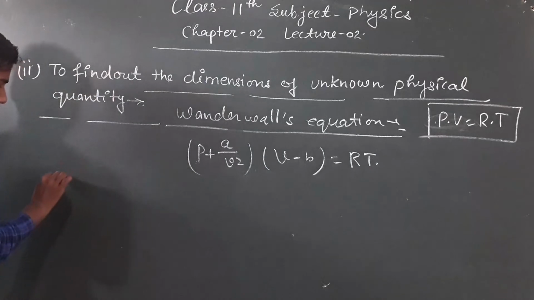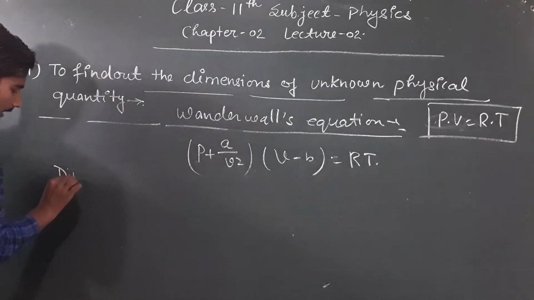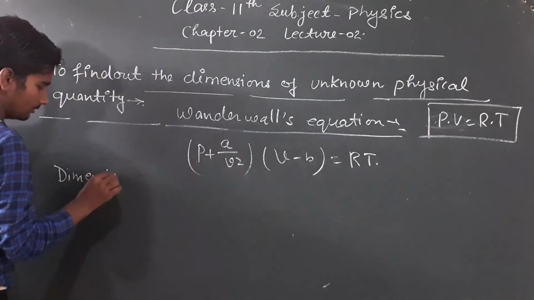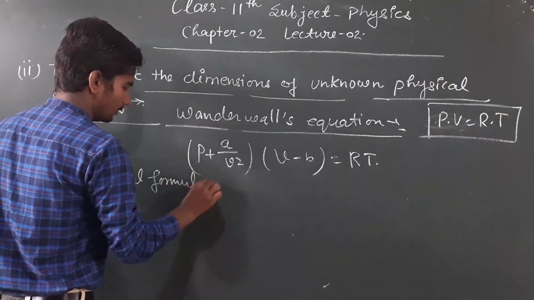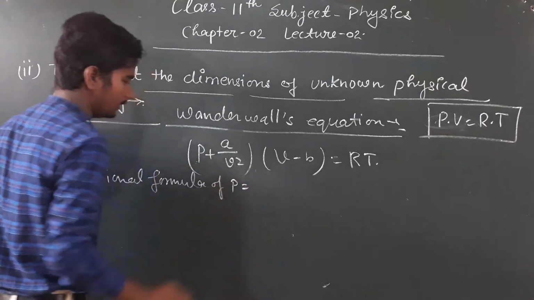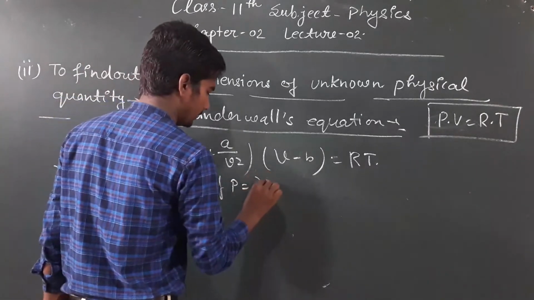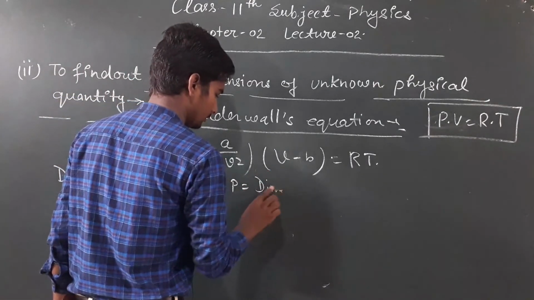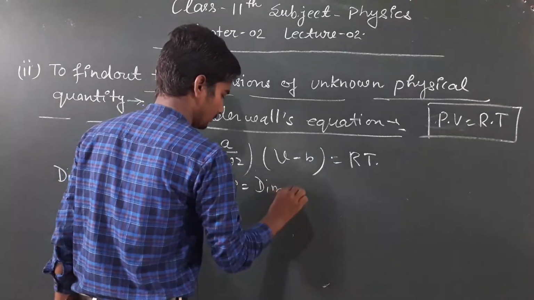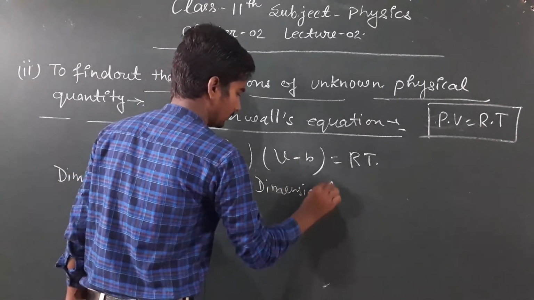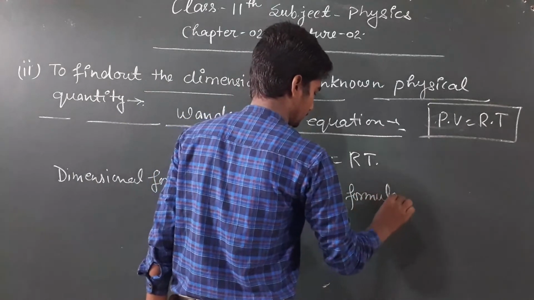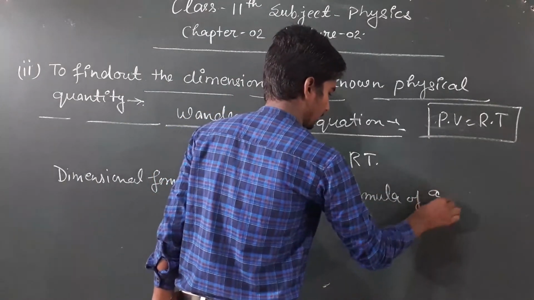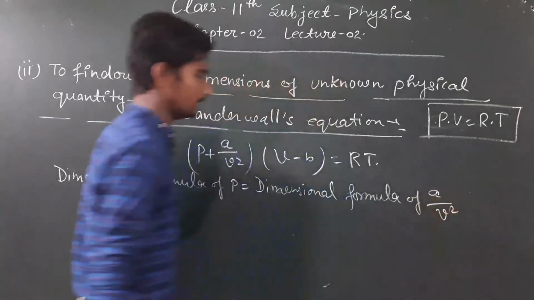So let's write that dimensional formula of P will be equal to dimensional formula of A upon V square.